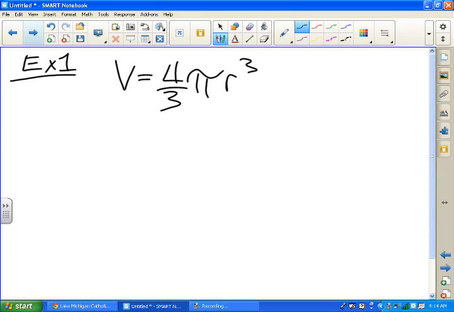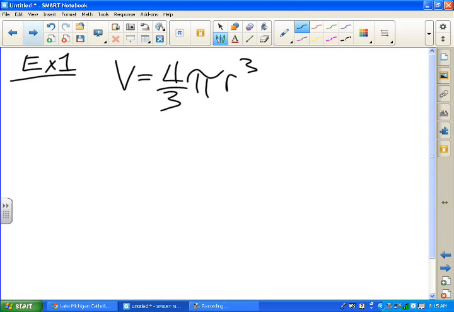So we start with the formula for the volume of the sphere, which is V equals 4/3 pi r cubed. We always start off with a general formula or equation, and then we take the derivative with respect to time, or t in this case.